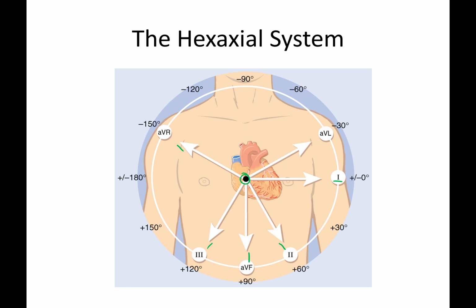Putting all of these together creates this. With this information, we're going to calculate the mean QRS. And that's going to be extremely helpful later on in determining the overall vector of the heart. Because if there's something wrong, your vector won't be where it's supposed to be.